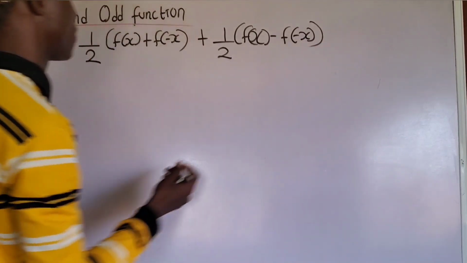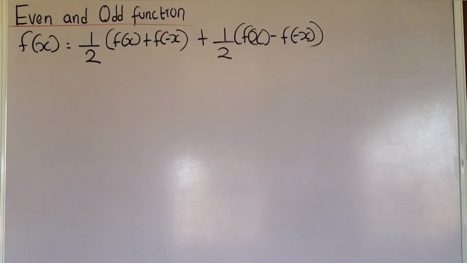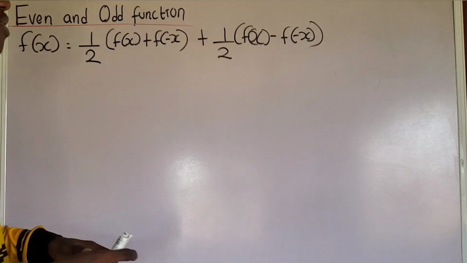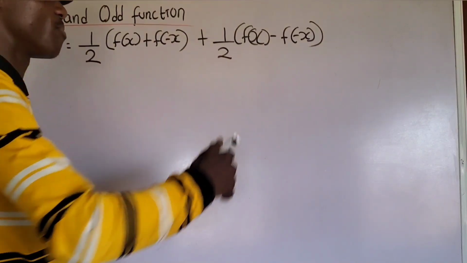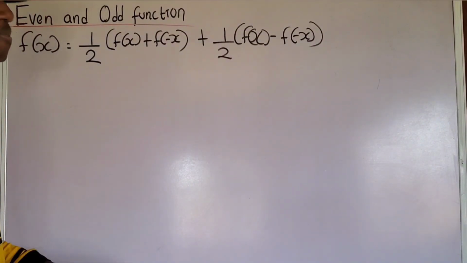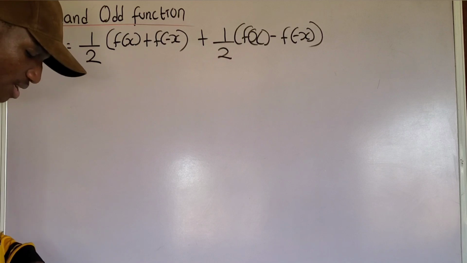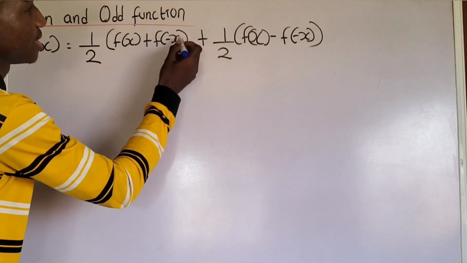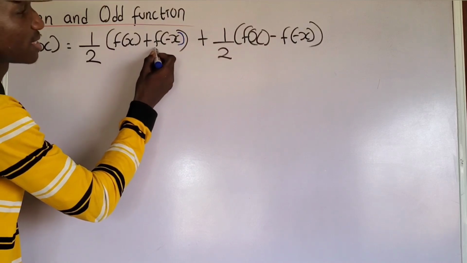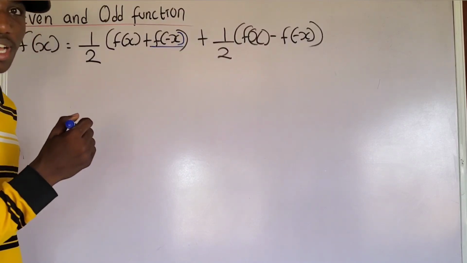A function that can be written as the sum of an even and an odd function must satisfy the following condition. Now pay attention. If you look at this formula, you will discover that f of x plus f of negative x is for an even function, right?